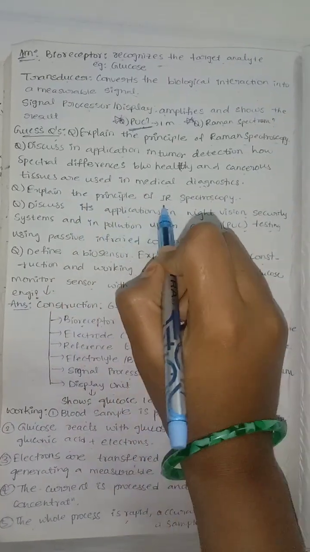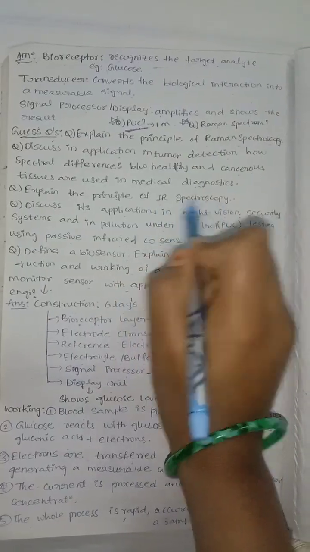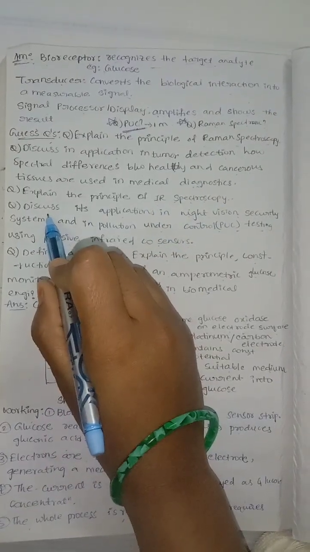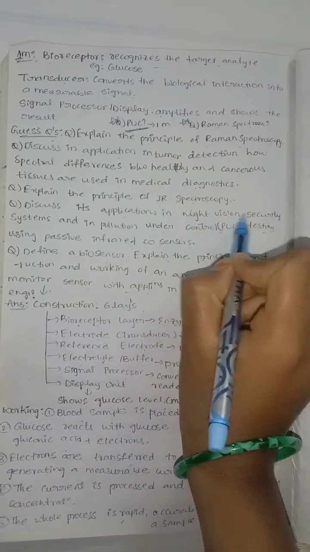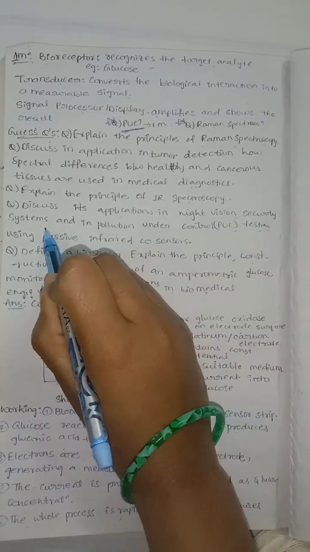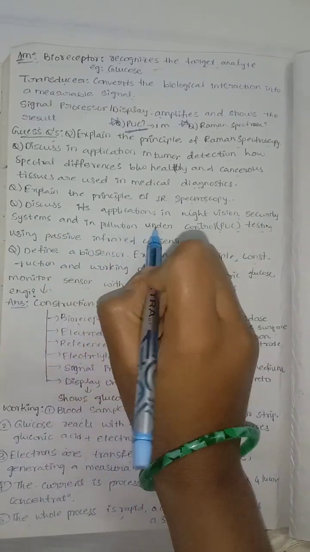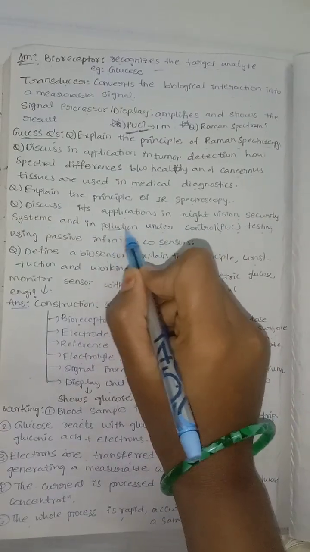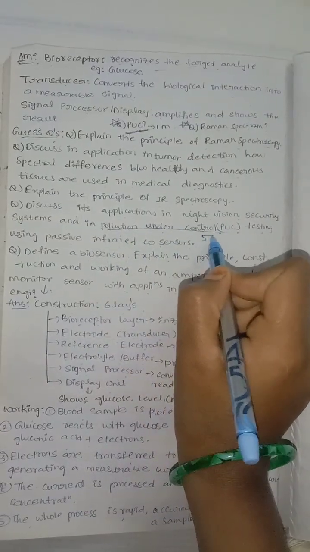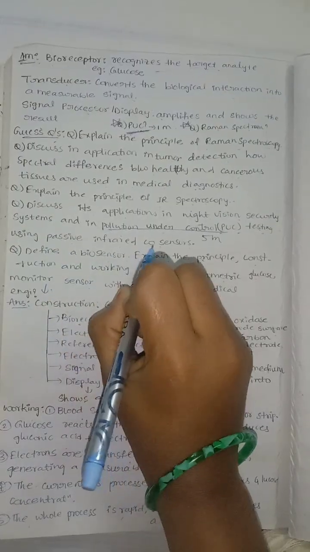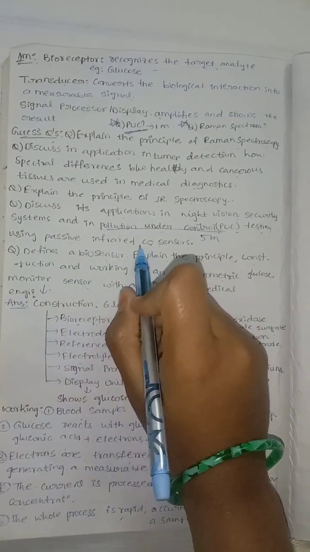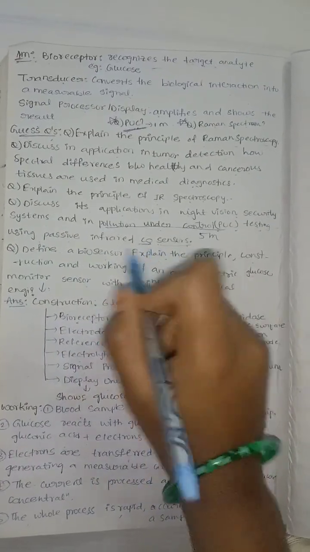Explain the principle of IR, infrared spectroscopy. Another question: discuss its applications in night vision security systems and in pollution under control. This concept is also important for a 5 marks question: testing using passive infrared CO monoxide sensors.